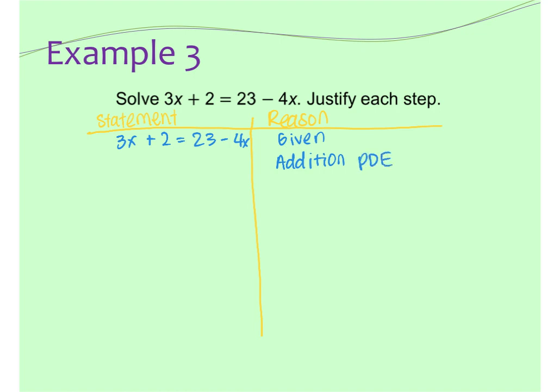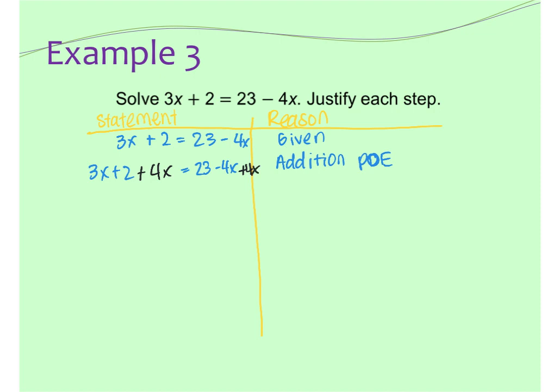I'm going to rewrite property of equality as POE, okay? So when we add 4x, this is 3x plus 2 plus 4x equals 23 minus 4x plus 4x. That's the addition property of equality.